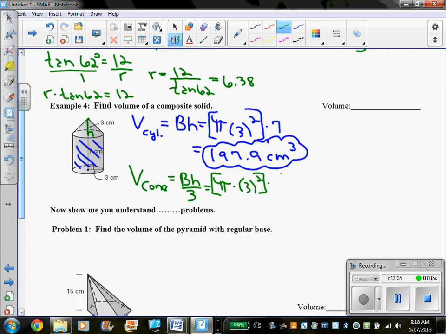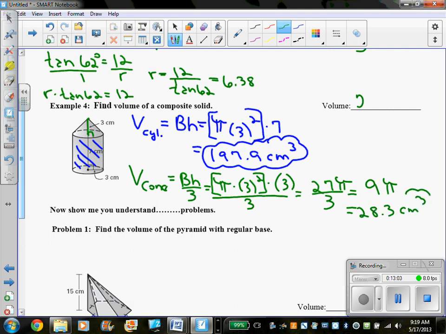So that is going to be 3 centimeters right there for height, and we want to divide it by 3. So this, clearly you need to be careful when you're doing this because it's 3 squared is 9, 9 times 3 is 27. So we have 27 pi divided by 3. You can go 27 divided by 3 is 9 pi. Throw that in your calculator, and that will give you 28.3 centimeters cubed. So that is the top cone.